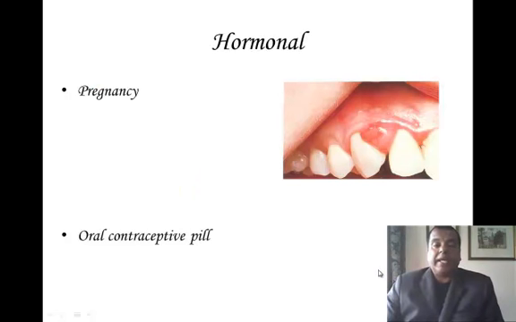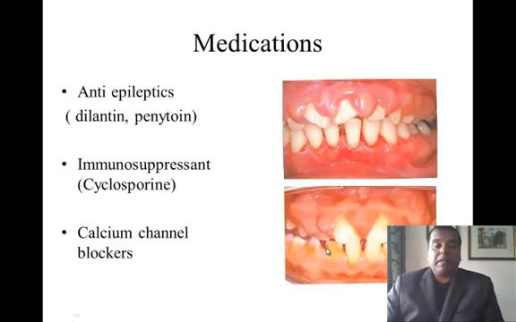Hormonal causes of swellings in the mouth, again a pregnancy epulis, which is the same as a pyogenic granuloma but occurring in a person that's pregnant. That can occur with the contraceptive pill as well.